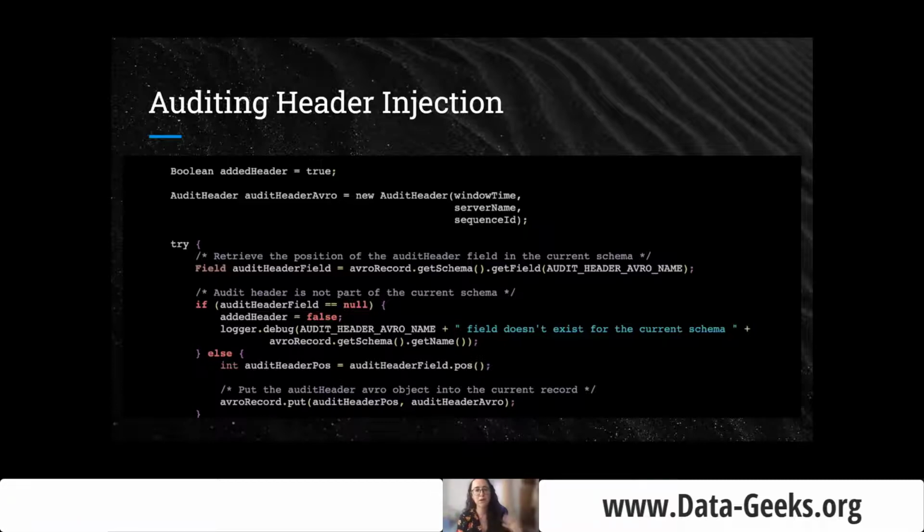The way we do it is we take that generic record, we get its schema, we get the location of our audit header object, and the minute we have that location, we can just write over it with the data structure that we created in our code. So using this very simple bit of code, we were able to put this auditing header information into all of our data. Next slide, please.